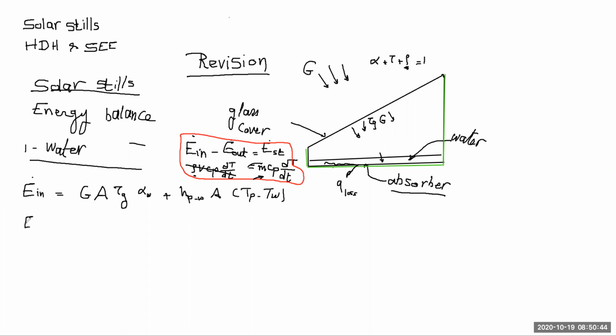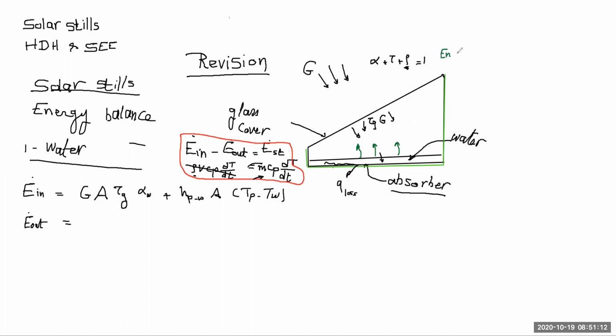What about the energy out? Water is leaving energy to the top like this. This is when you have a closed box, and this closed box is having air inside, we tend to call this an enclosure.